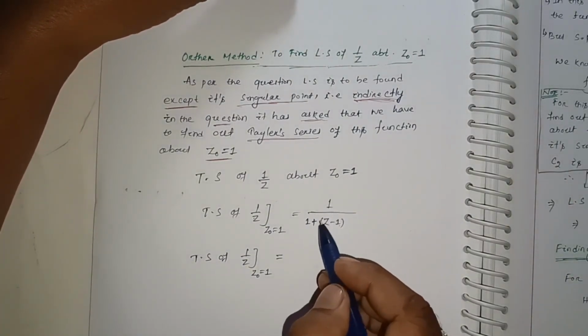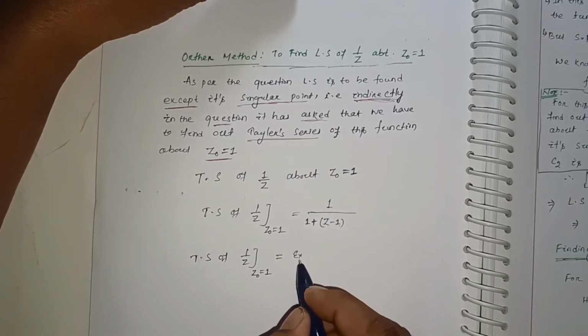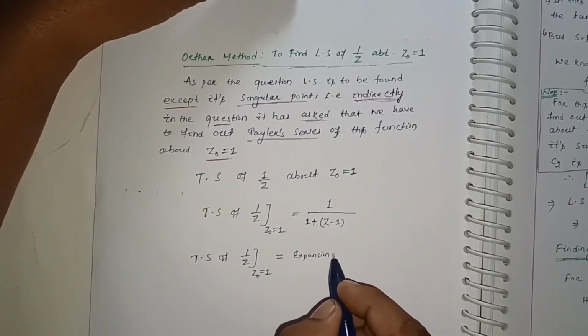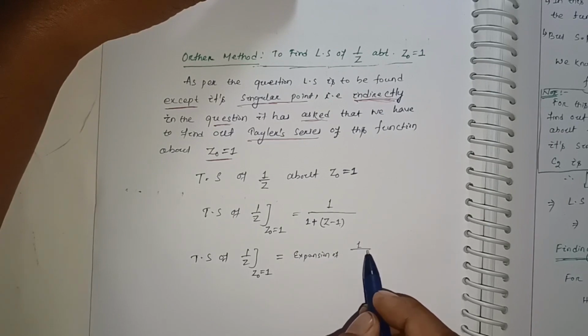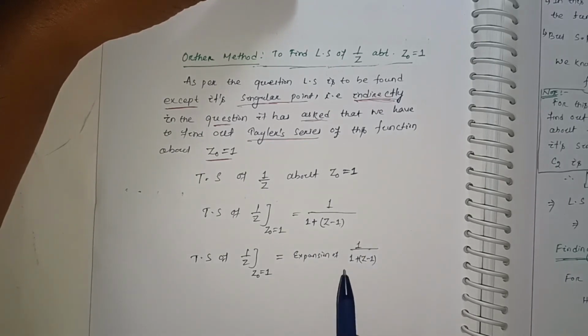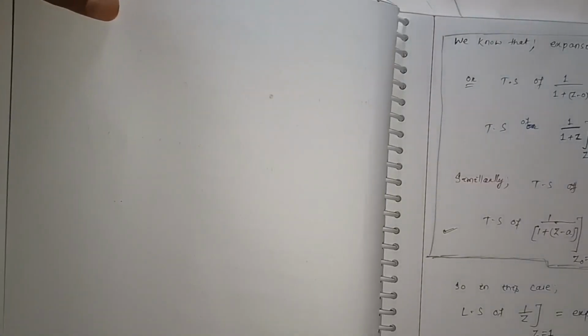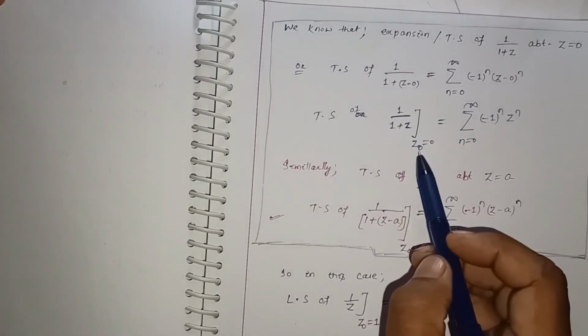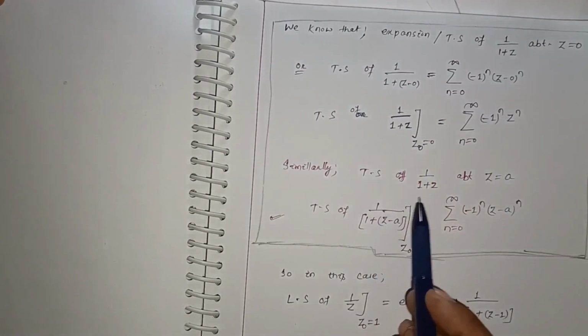So what will be the expansion of this? The expansion of 1 by 1 plus z minus 1. If we take the common 1, it is itself 1 plus z minus 1. We just discussed that if 1 by 1 plus z is there, with z0 equal to 0, then it is this.